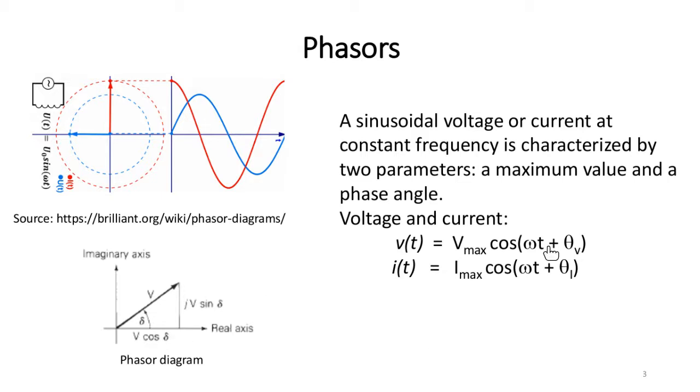Okay. In mathematics, we write it like this. Mathematical formula: V max cosine of omega t plus delta, or plus theta. Theta of the voltage, or theta of the current. Or sometimes we write theta and delta, for example. That's okay. So we have the voltage and we have the current.